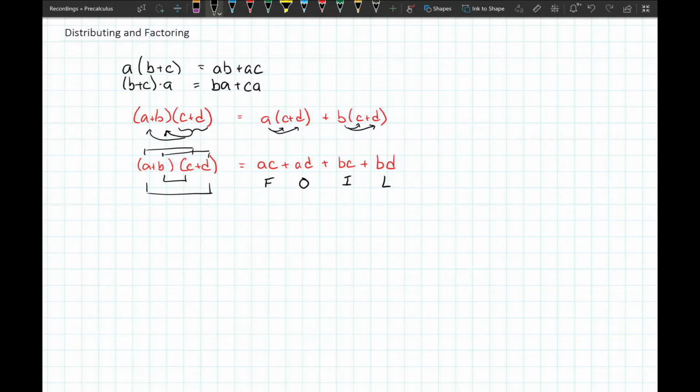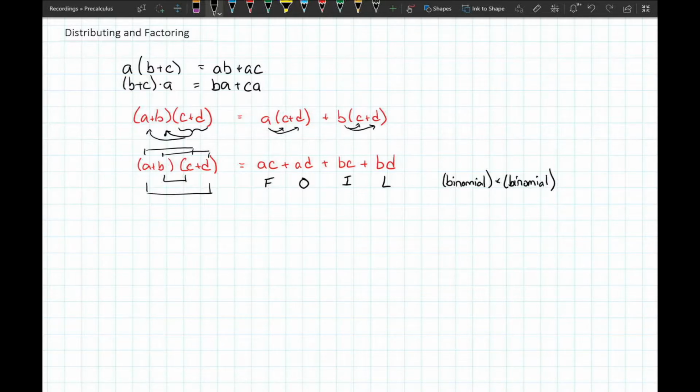You end up with this little shortcut, this acronym, FOIL. That is only there to help you out when you multiply a binomial, that's 2 terms, times another binomial. You can also use it as a verb, foiling it out if you want.